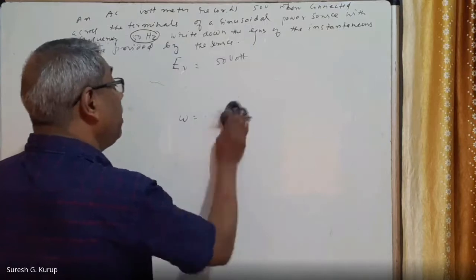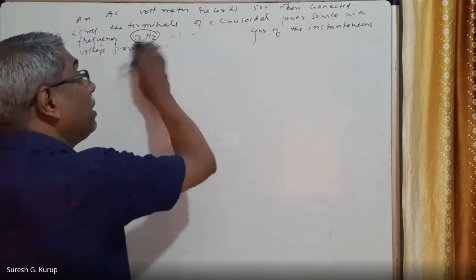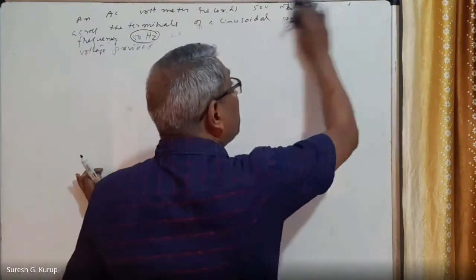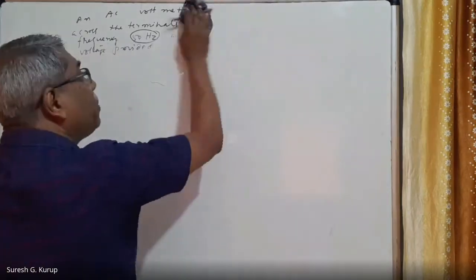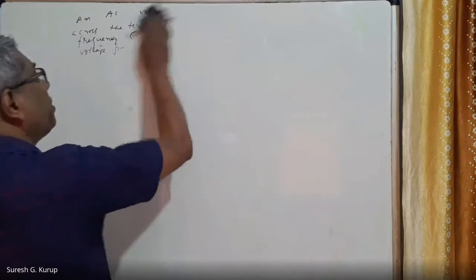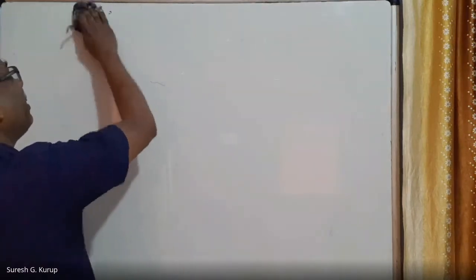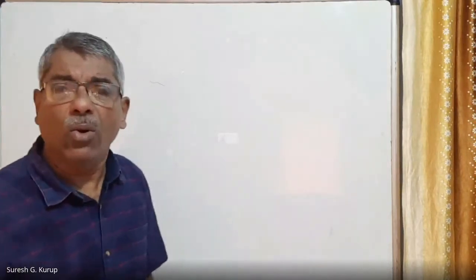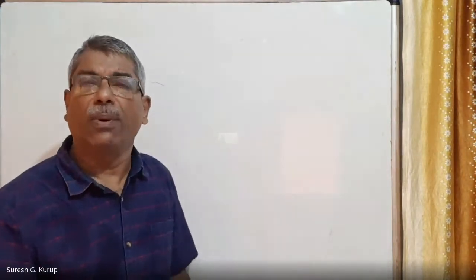To deal with alternating quantities, we need a physical quantity called a phasor. What is a phasor? It is an imaginary line which is rotating in the anti-clockwise direction with respect to a fixed point.